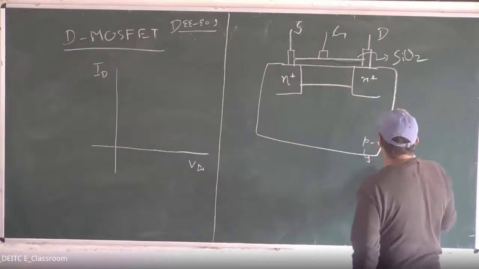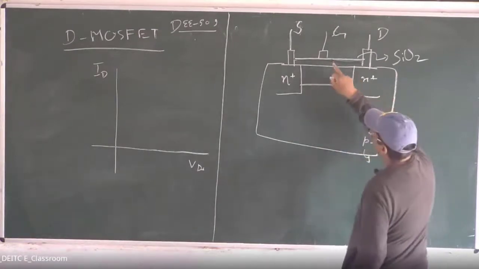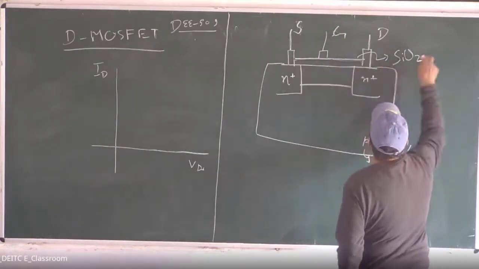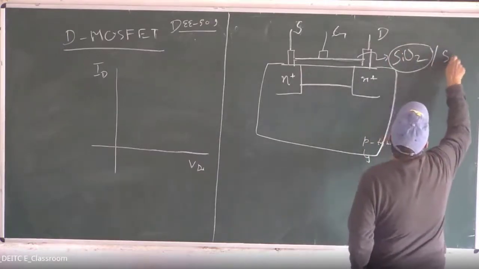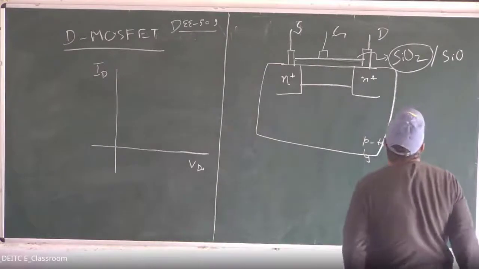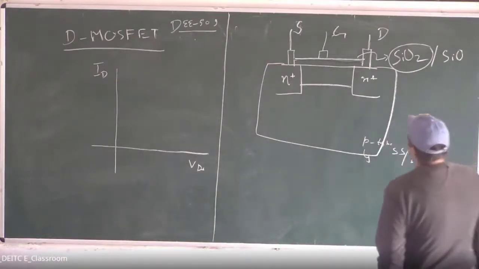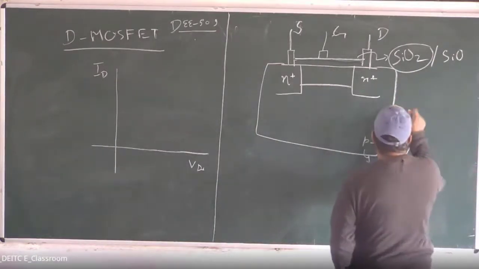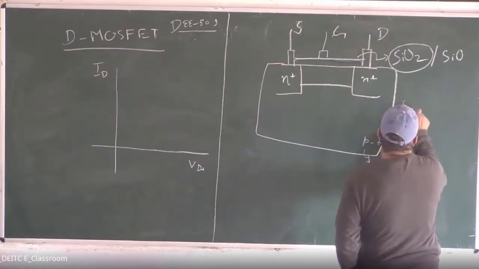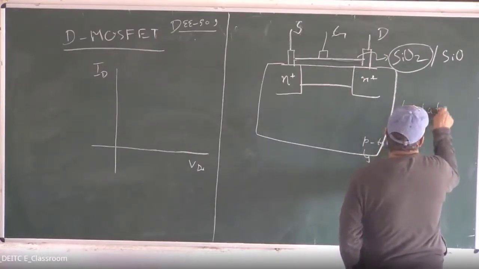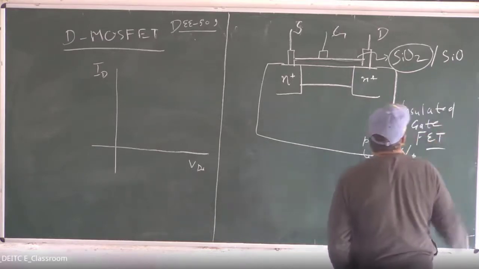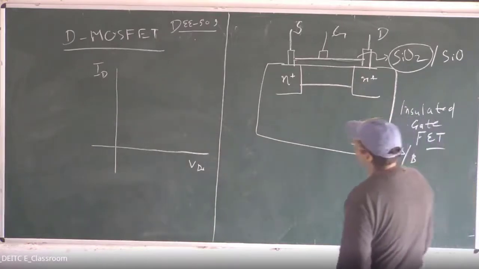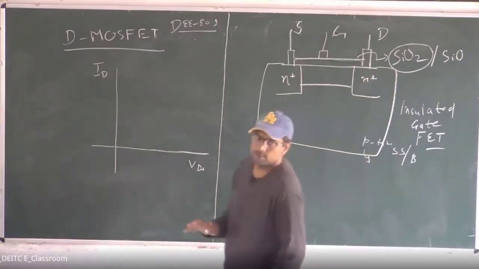This is because here the gate is insulated by an insulator or dielectric, silica or silicon dioxide, and that's why it is also called insulated gate field effect transistor. Okay, so this was the basic difference that we discussed in the previous lecture.